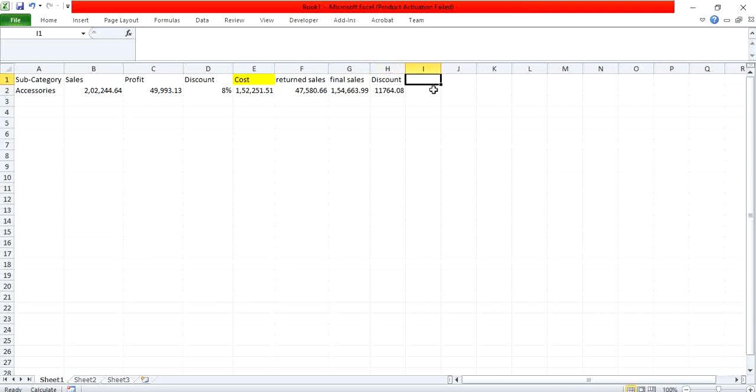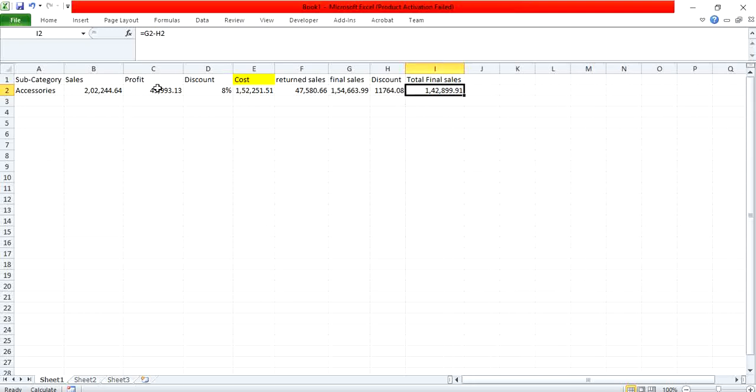This was the discount. And now if I look at total final sales, so final sales minus discount, this is the actual amount that we made.